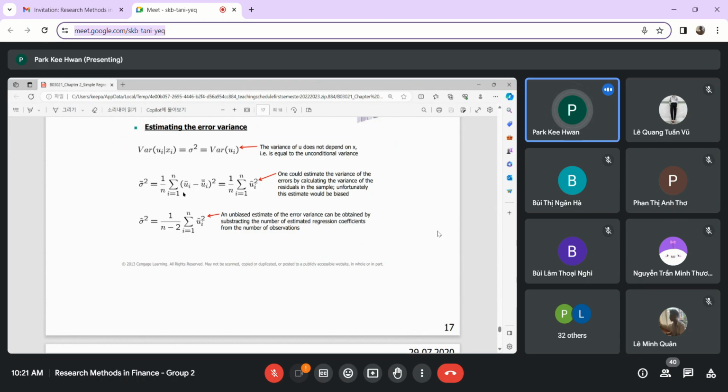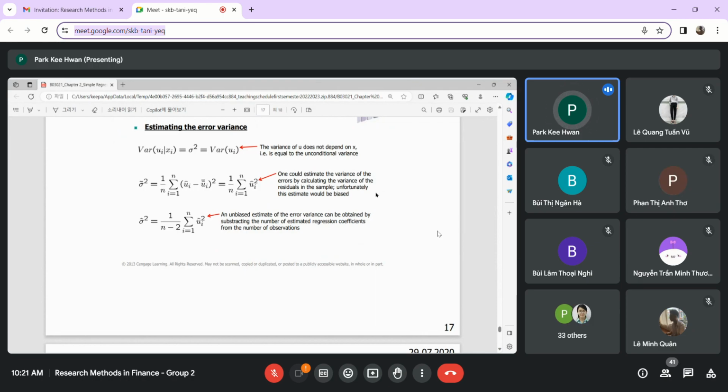Now, what is the residual ui hat? It is the difference between yi and yi hat. That is the difference between the actual value, for example, the actual wage rate, and yi hat, the predicted wage rate. That is what we call the residual.